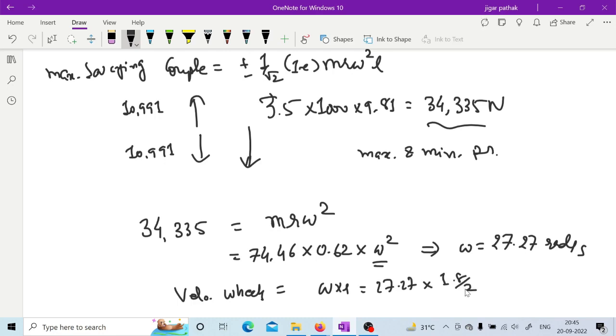This gives meter per second. You can convert it into kilometers per hour by multiplying by 3600 upon 1000. If you do so, the final answer will be around 88.36 kilometers per hour. So like this you can calculate this one.